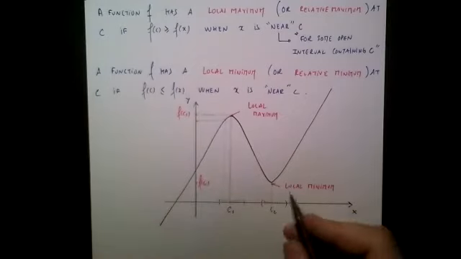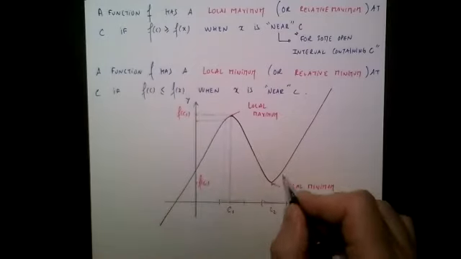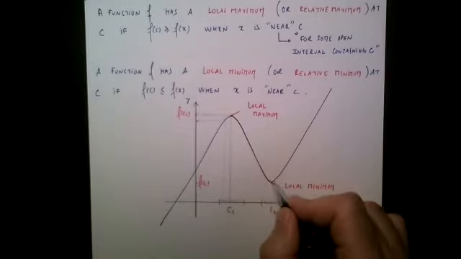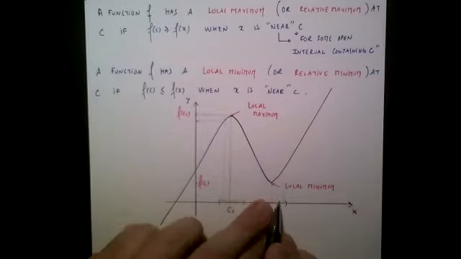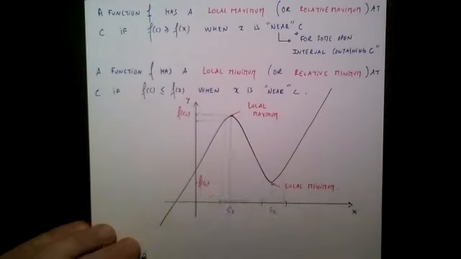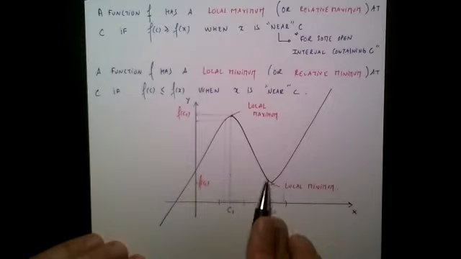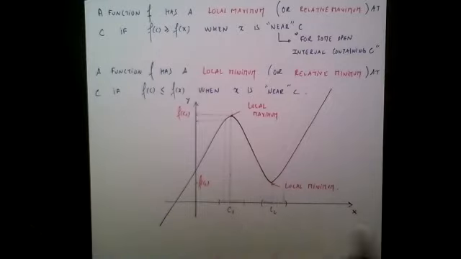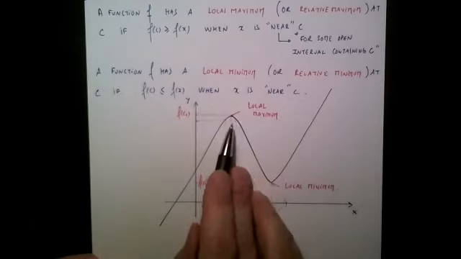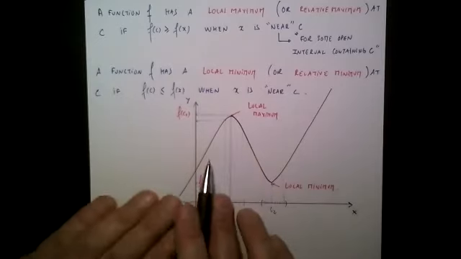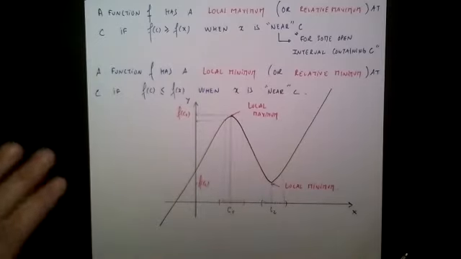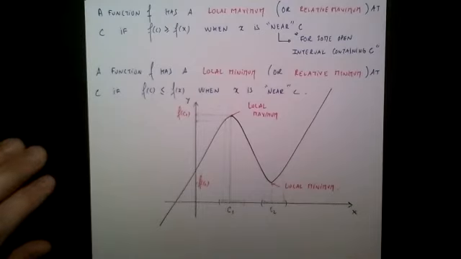So he's the lowest here. But if he goes a bit further out of his neighborhood, he's going to see that there are people lower than him. So he's the minimum locally, but not the absolute minimum. And same here, he's the maximum locally, but not absolutely. Is that clear? That's the difference.